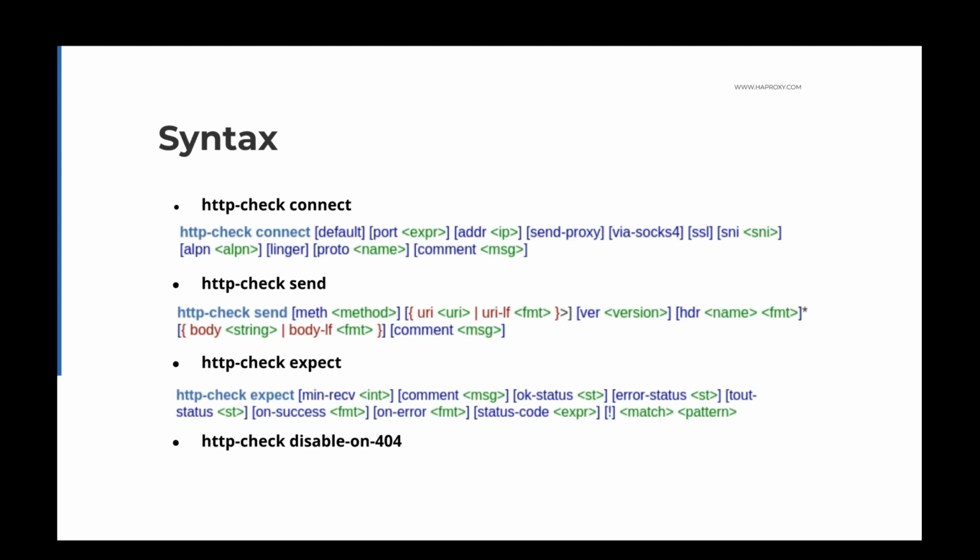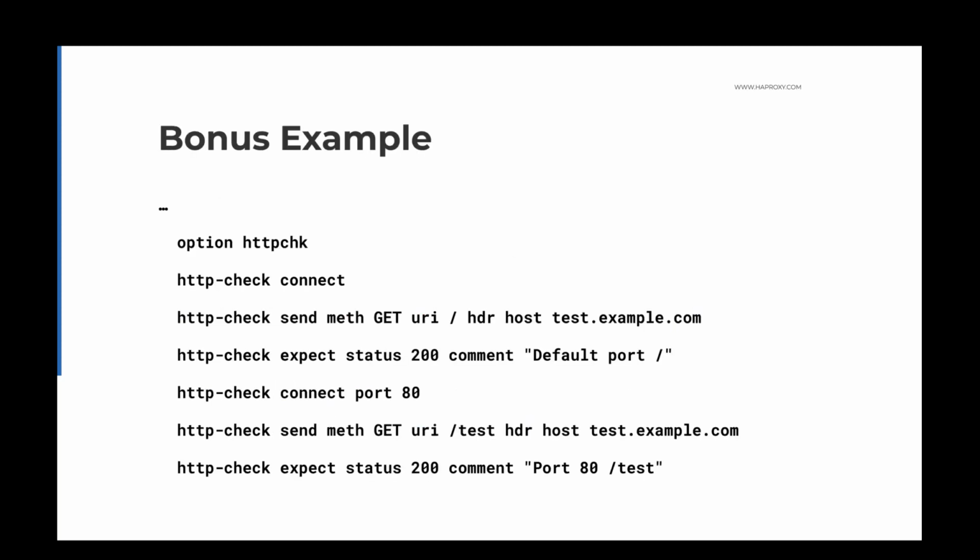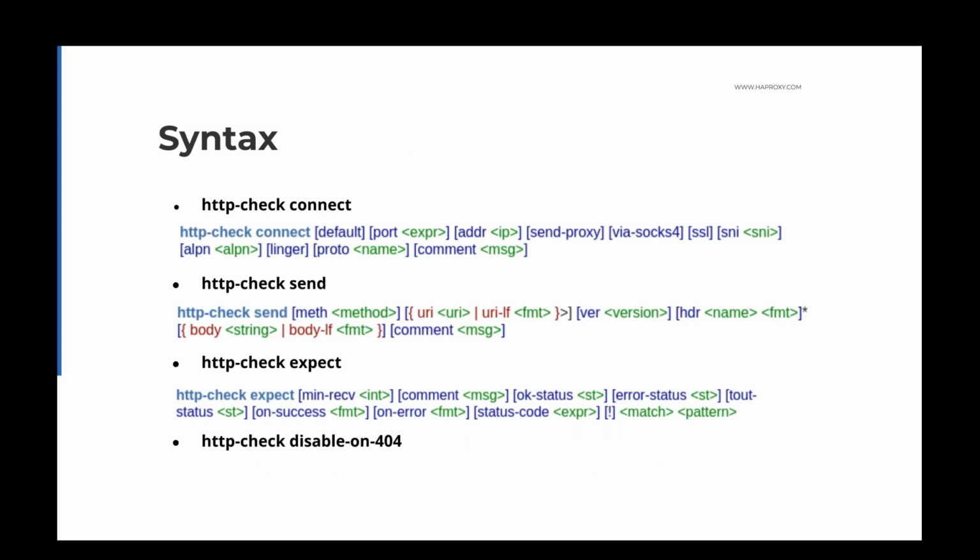This is the syntax. One thing I should mention here is http-check disable-on-404, which is a special keyword which tells it to put a server into maintenance mode if it gets a 404 response from a backend. That's useful if you have it checking a page, say /healthy, and is looking for the word OK.